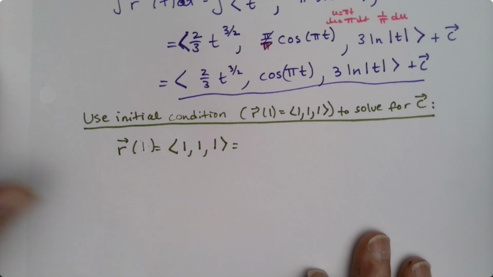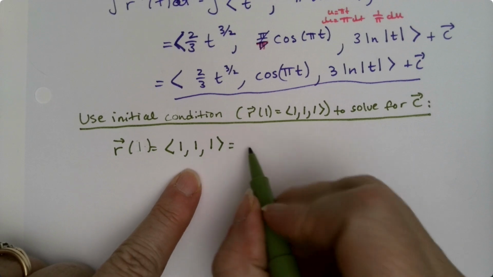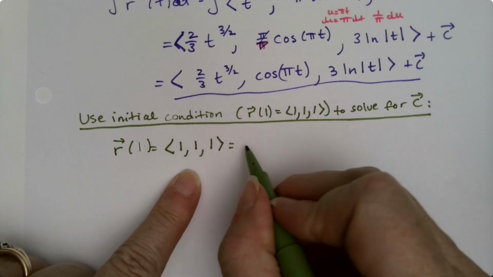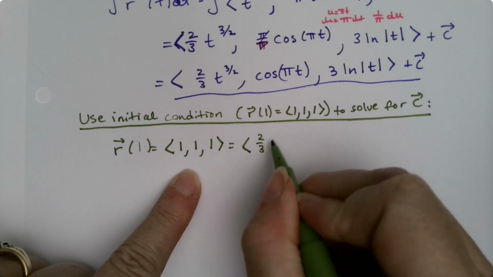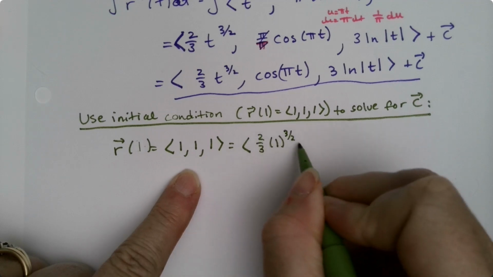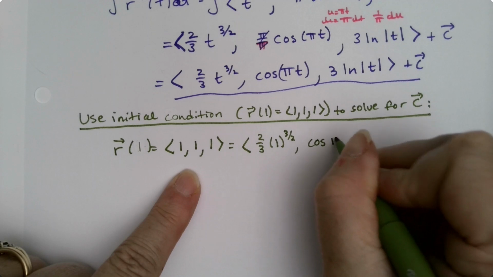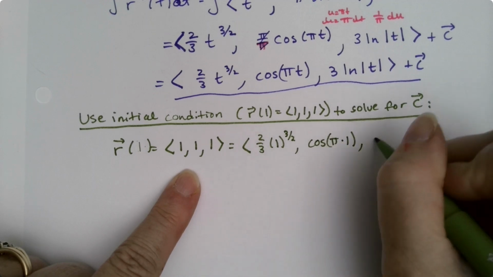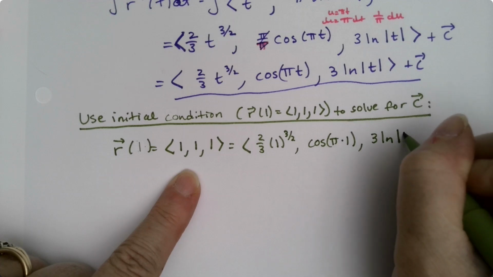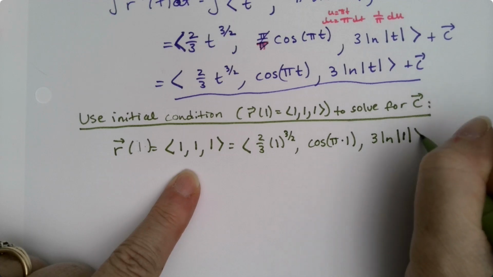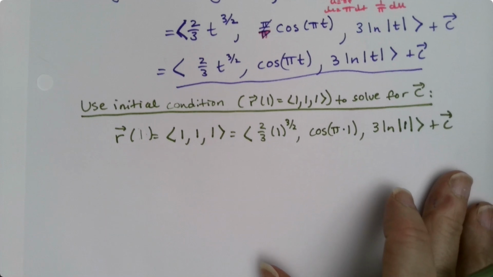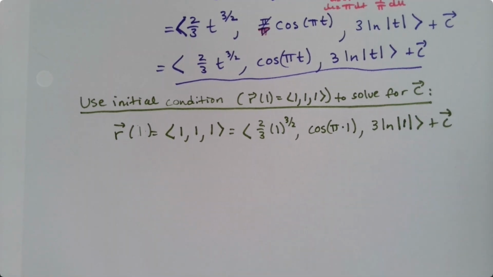Right, so r of 1, which is 1, 1, 1, is equal to, now I'm going to take this piece that I found, 2/3 times 1 to the 3 halves, cosine of pi times 1, 3 natural log of the absolute value of 1, plus c. And I'm going to solve this for c.